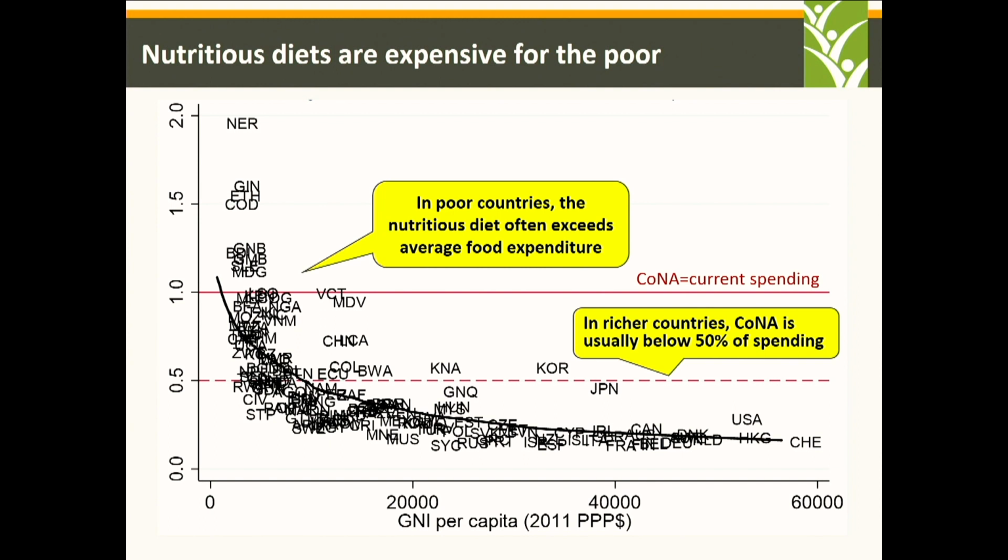And these very low income countries are spending a very large share of their average spending on meeting their nutrient requirements. But as countries get richer, you see a very consistent decline of this share, and richer countries spend much lower than 50% of their average spending on food.